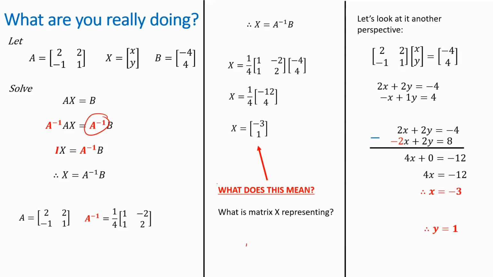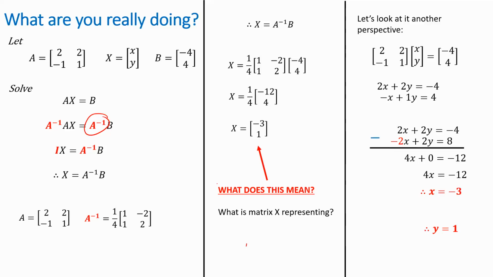Good. Let's do it again. If A inverse doesn't exist, then X doesn't exist. But what does it mean when X doesn't exist? No solutions. When will you have no solutions? Parallel lines and infinite.